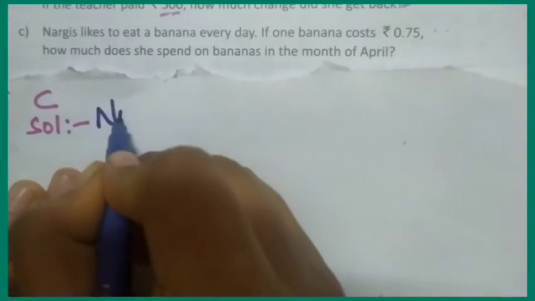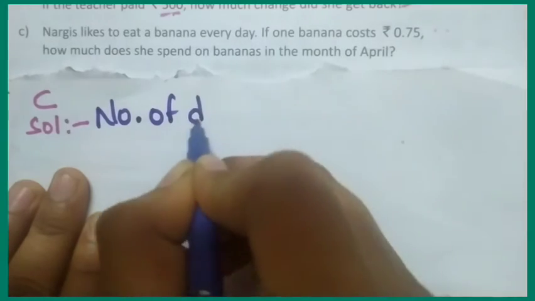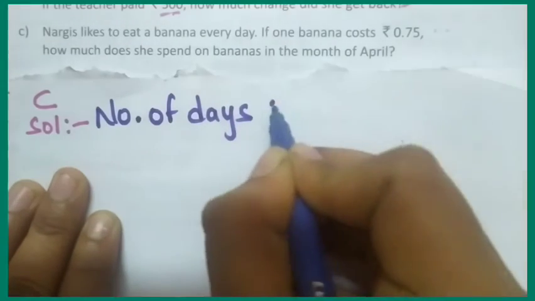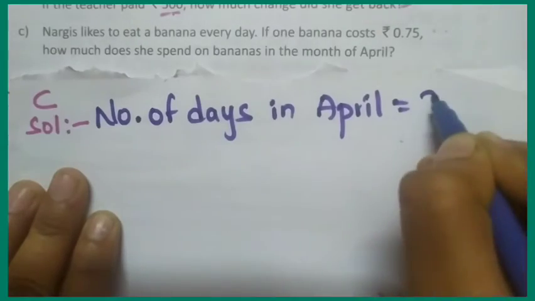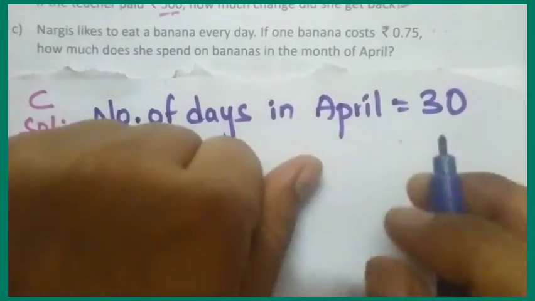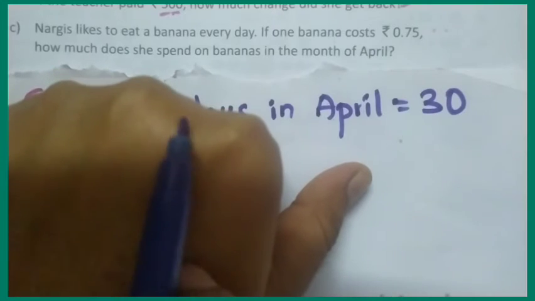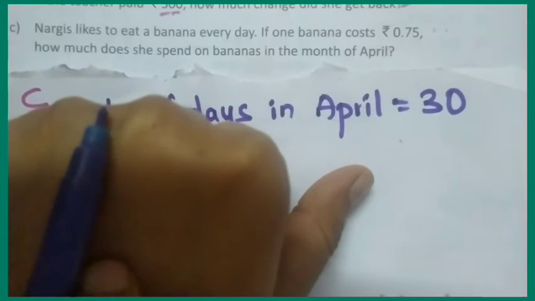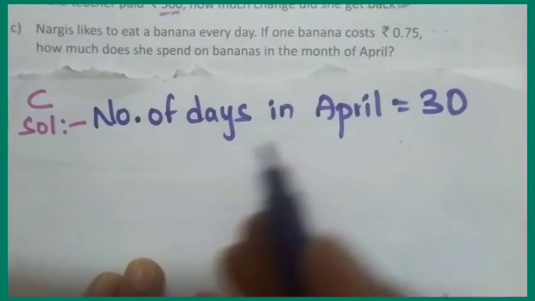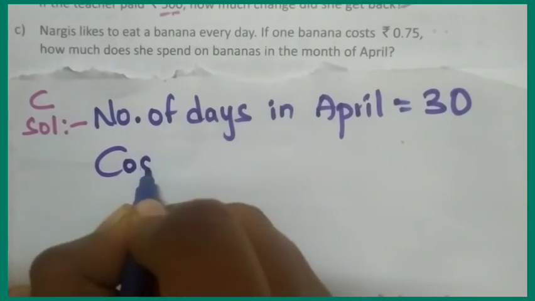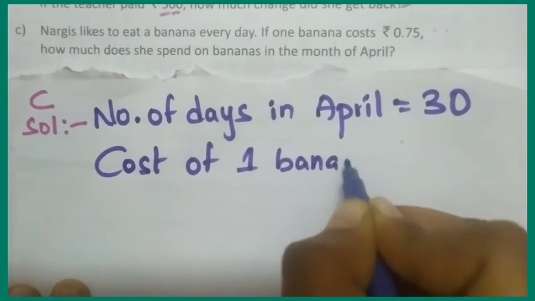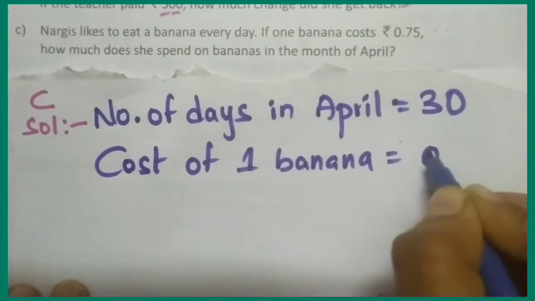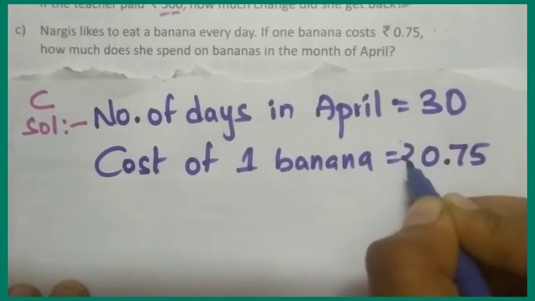First we will write the number of days in April. How many days? 30. Okay, January, February, March, April. April will be 30 days. Okay, now cost of one banana. One banana costs 75 paise.